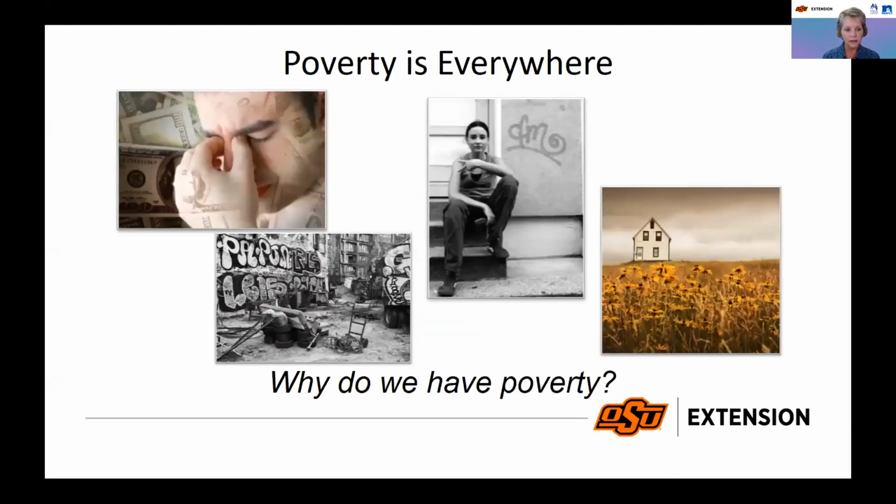Next slide. All right, so as you all know, poverty is everywhere. The face of poverty may look different given the location, a large city versus a suburb or rural. Poverty may also be viewed and experienced differently by individuals. Some people look at poverty through their past and current experiences and their environment.